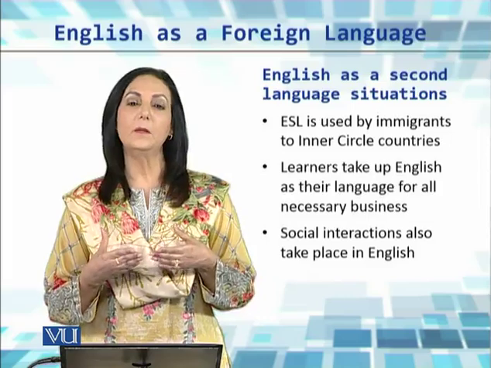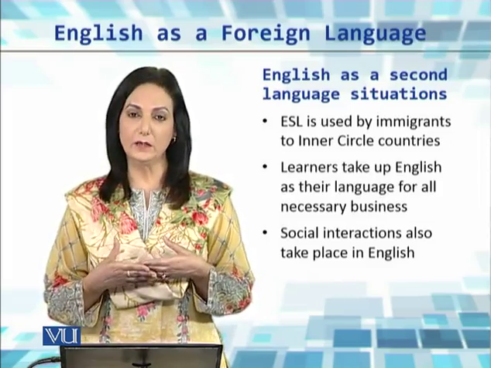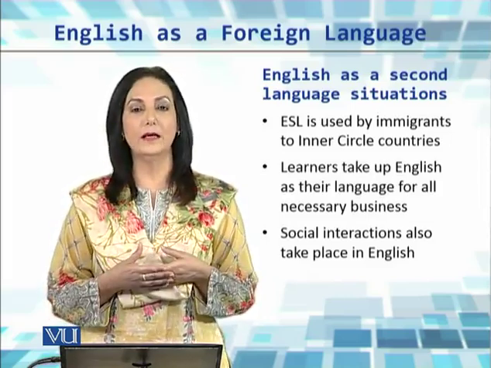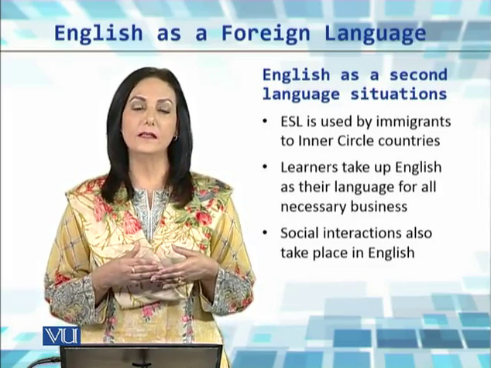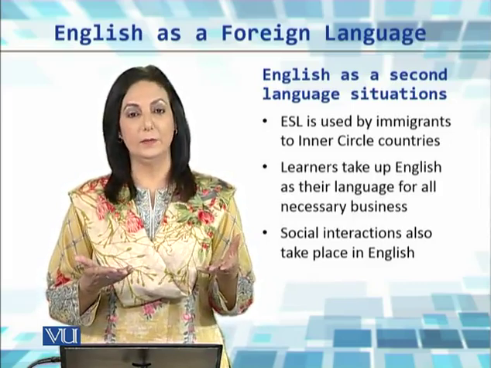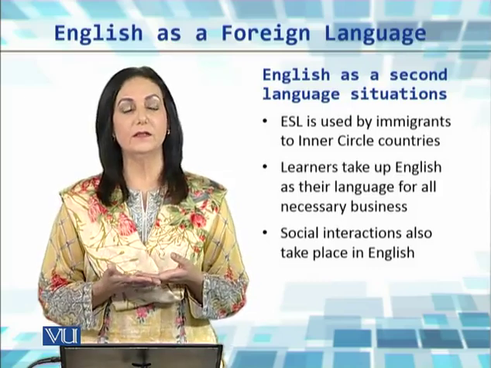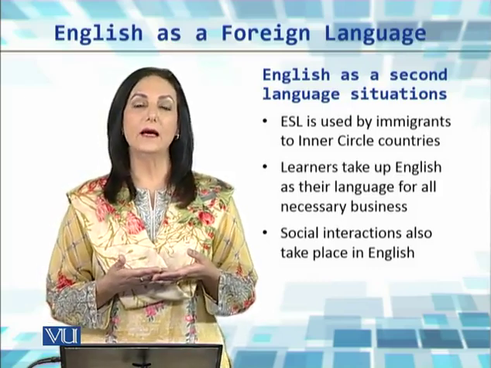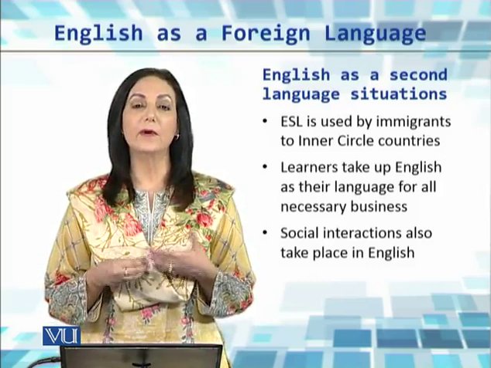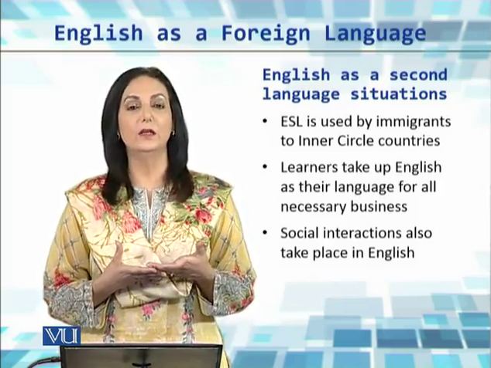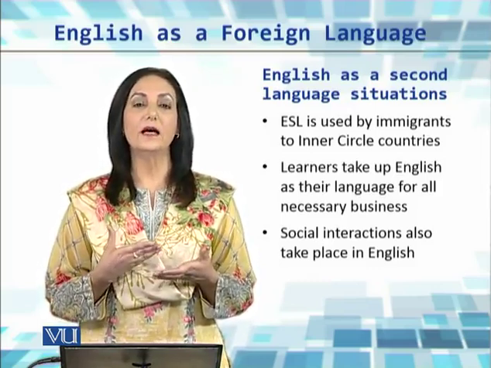So when people immigrate to native English speaking countries, they of course need to learn their language, and they need this language not for the sake of learning a language like people do when they learn it as a foreign language, but they have practical reasons, they have practical uses for the language. So they learn it as a second language.